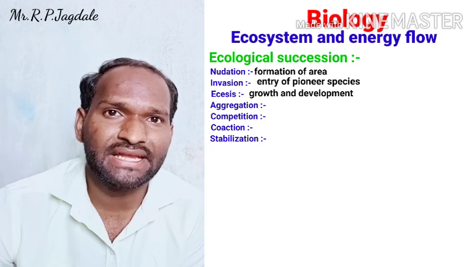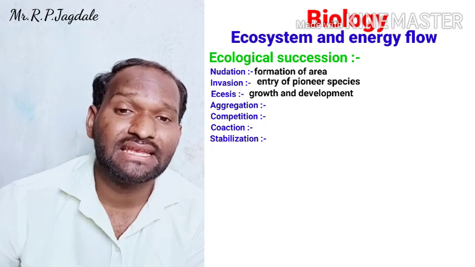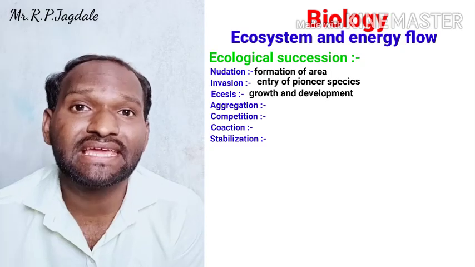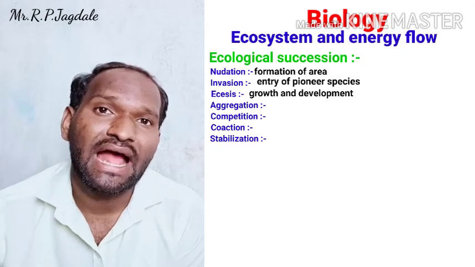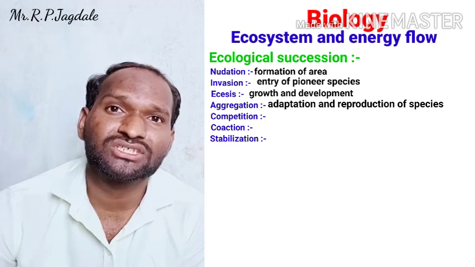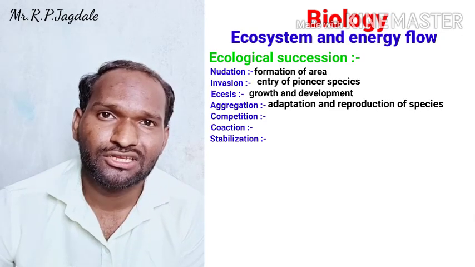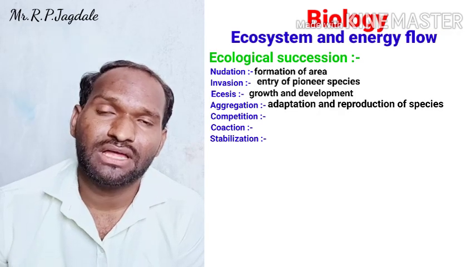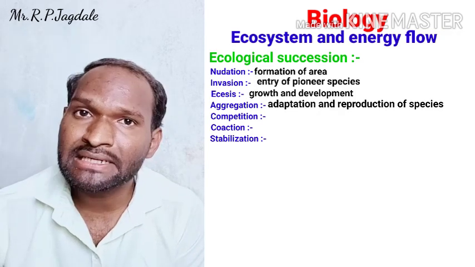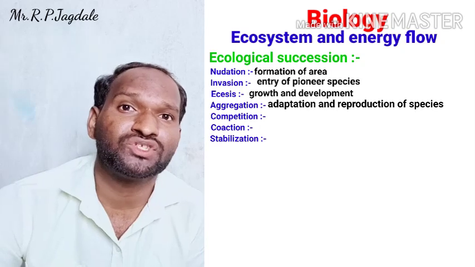After the growth and development, the next step is called aggregation. Aggregation means the adaptation and reproduction of the species takes place. When growth takes place, in aggregation they adapt to that condition and start reproducing there.